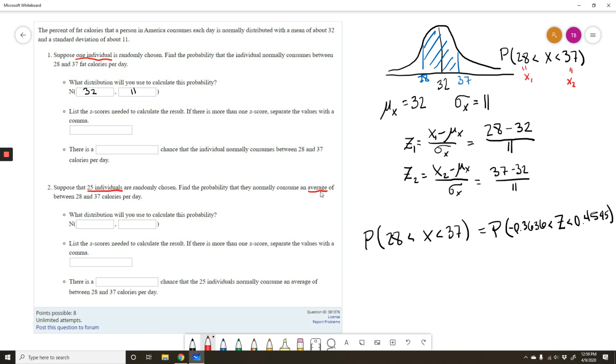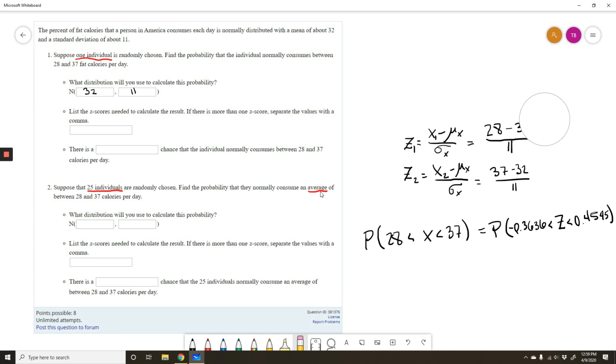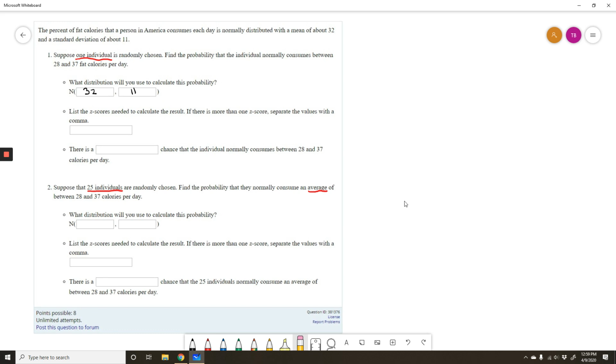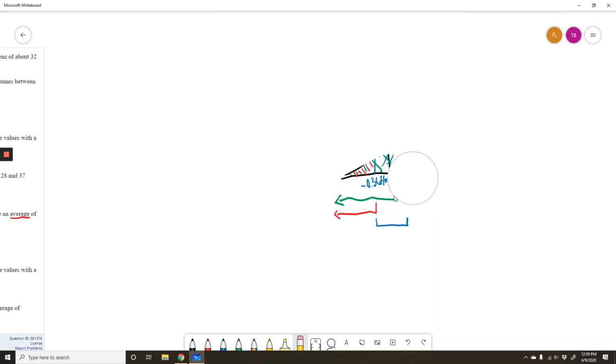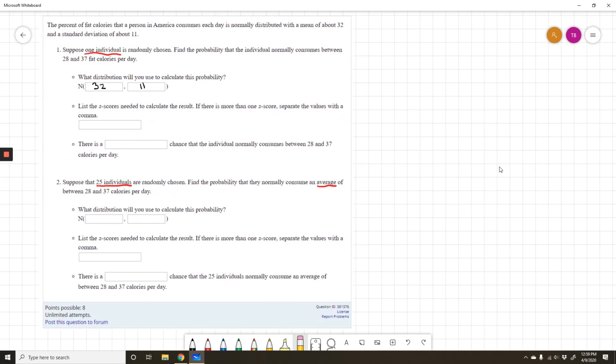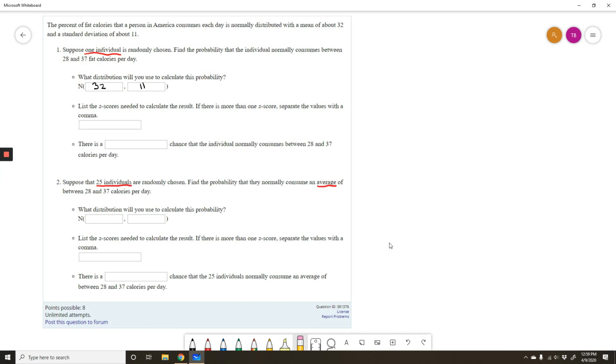Okay, so the observation here, and I'm going to erase all this, is that we are going to be using the central limit theorem. The central limit theorem tells us that if we look at all the ways to sample 25 individuals in the population, all the averages of all those samples are normally distributed.